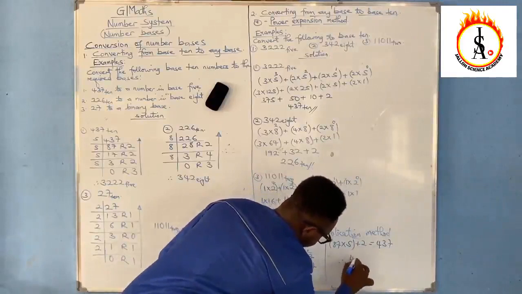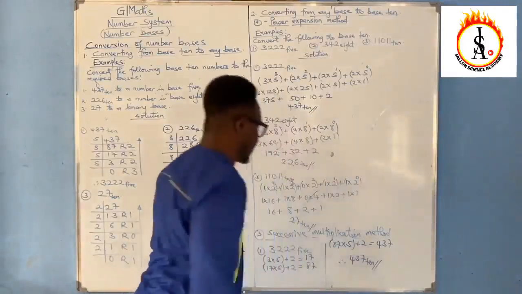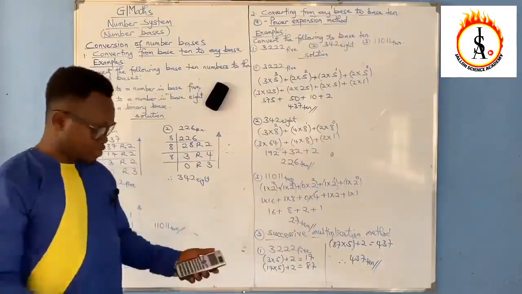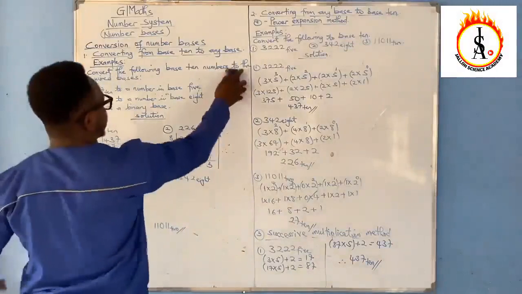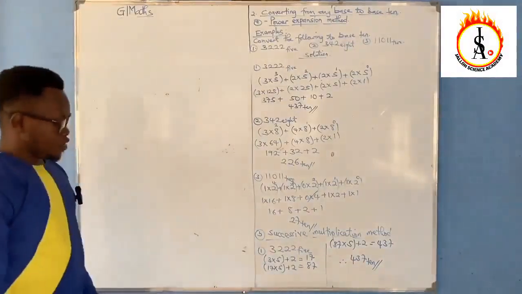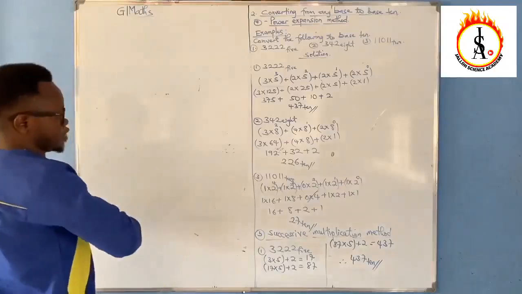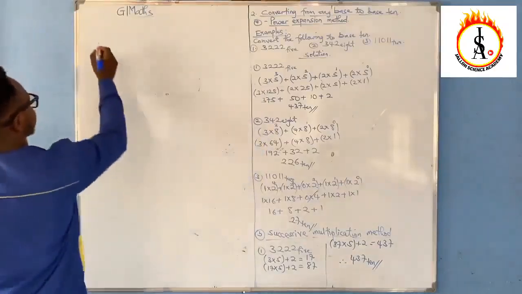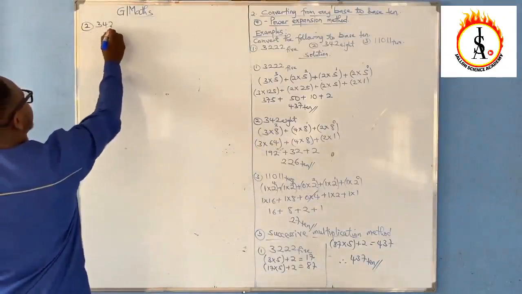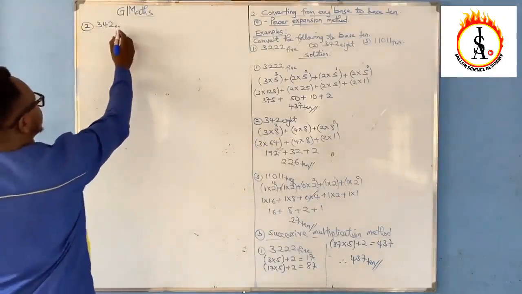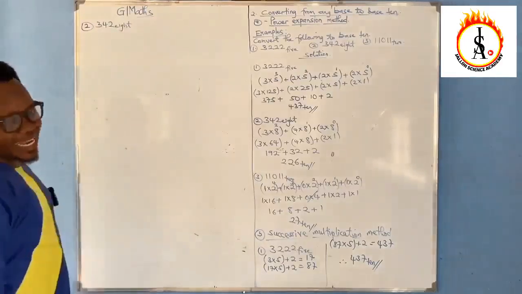Our answer therefore is 437 in base 10. So this is the first example. Okay, we look at the second example. The second example is 342 in base 8. We have to convert this to base 10.